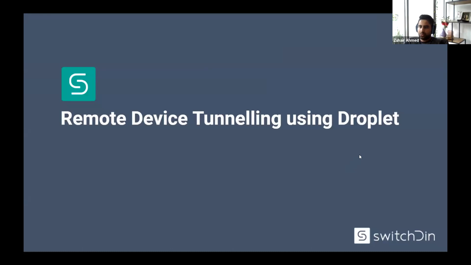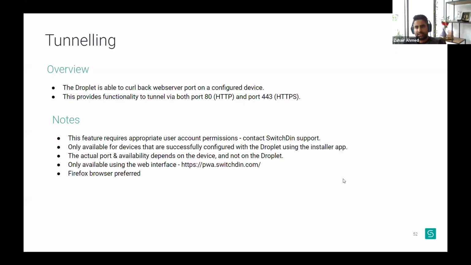All right, once the inverters are configured, this is a feature that the Droplet enables for end users to remotely access the web server. So it's both port 80 HTTP or port 443 HTTPS. Once the devices are configured on site, the user can access the web server by creating a tunnel from the web application, which is pwa.switchdin.com.